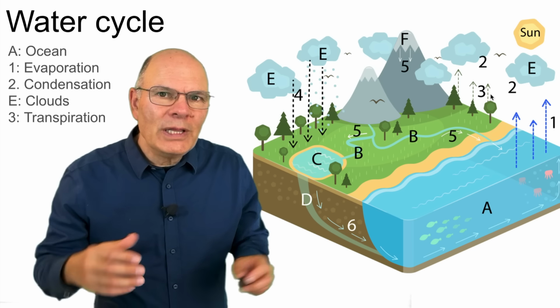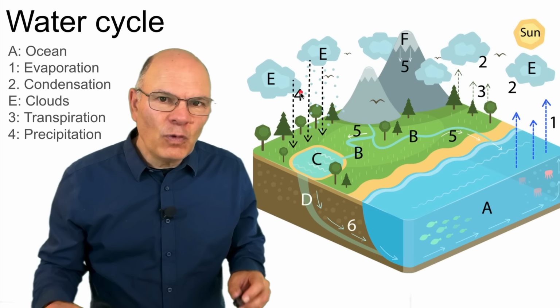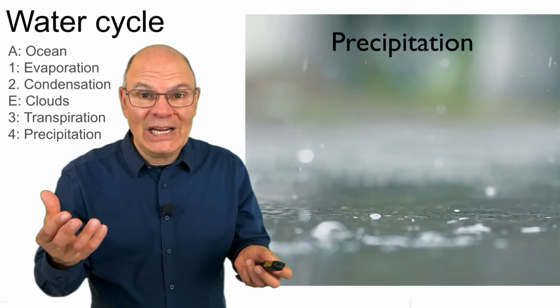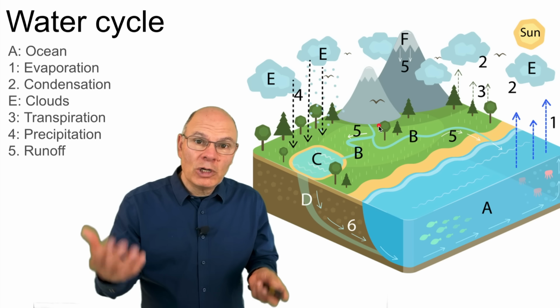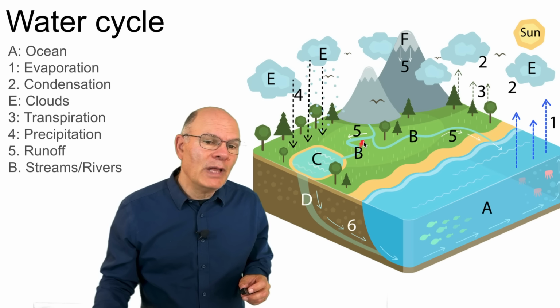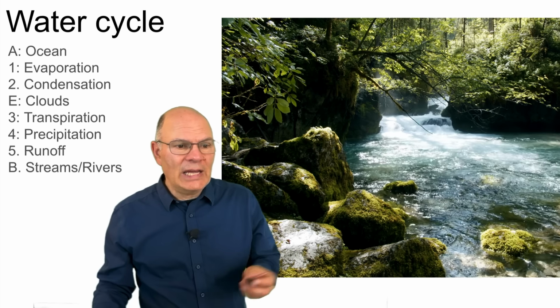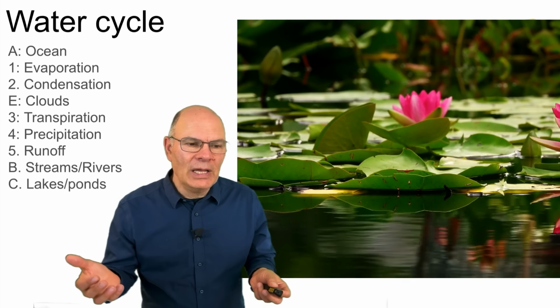At a certain point, the clouds will release their water, and that's shown at number 4, which is precipitation. Water can also accumulate as frozen water. Water hits the ground and it will start to run off, and that runoff will happen through streams and rivers, and it'll reach lakes and ponds.